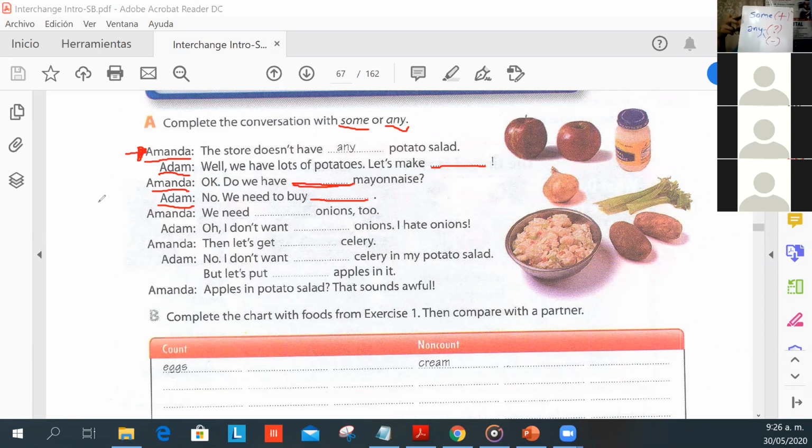Remember to complete with some or any. Some.